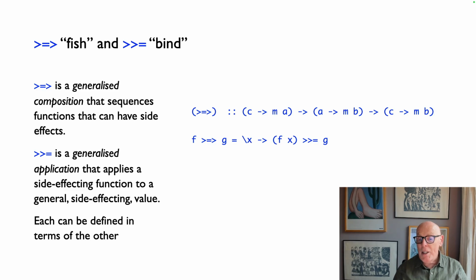So this bind takes the result of a side effecting function and passes it into another side effecting function. Here in a straightforward way, we apply f to x, bind that value into g, and then that's the result of our overall function C to M of B.